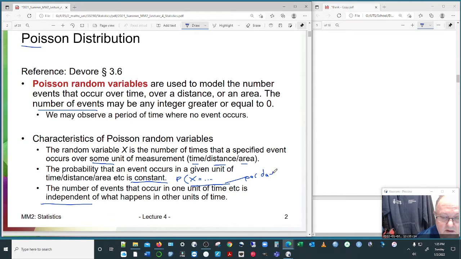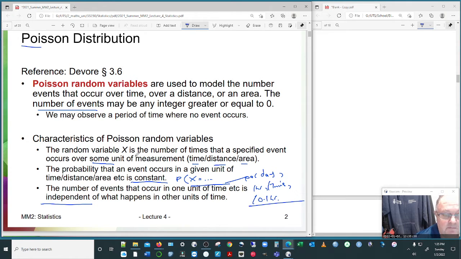What's another measure? We could do per day, we could do per hour, we could make it random. We could say per 7 minutes. We could make it per 0.1 of an hour, which is 6 minutes. So we could use any unit of time that we chose to suit the context.